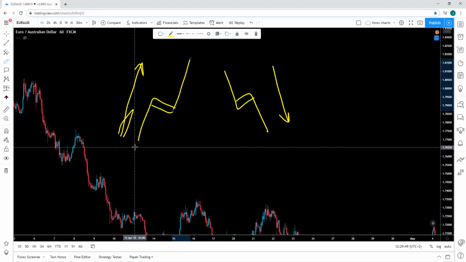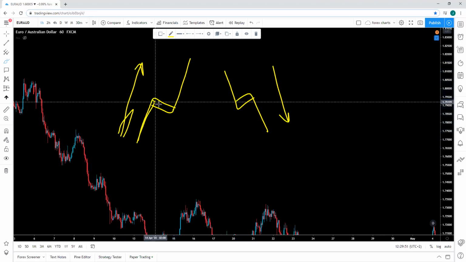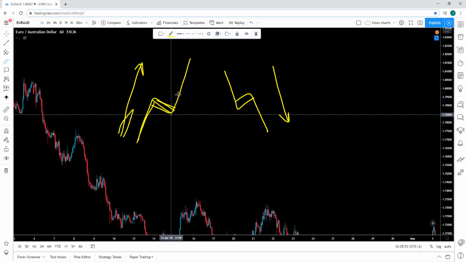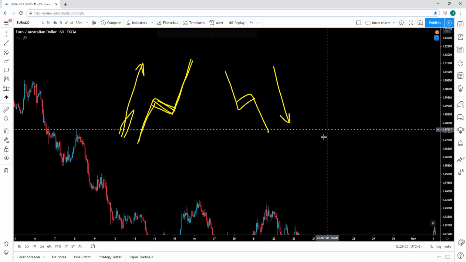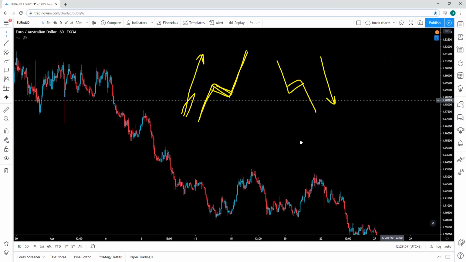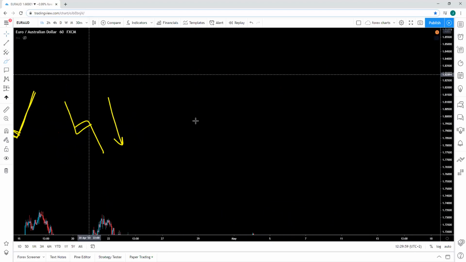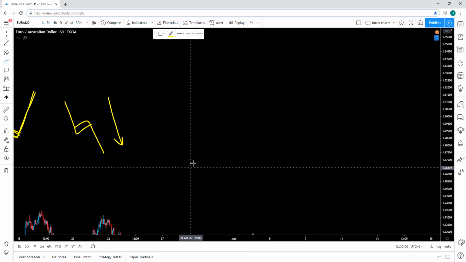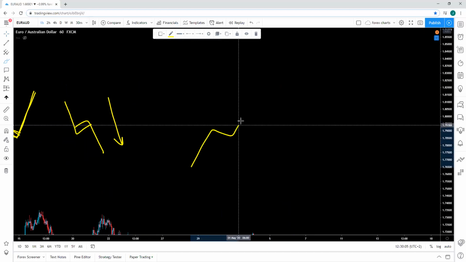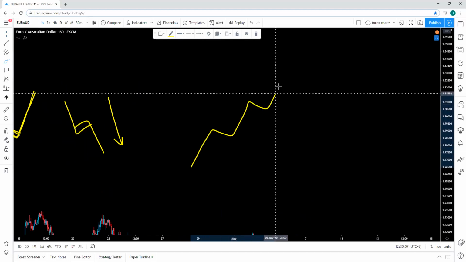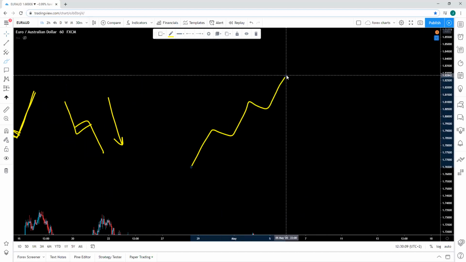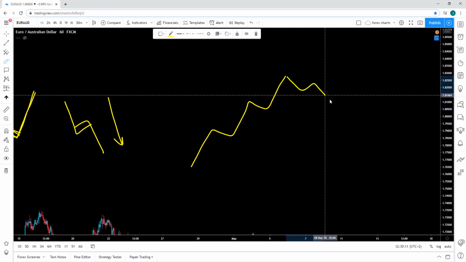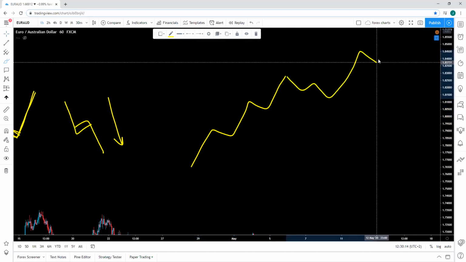So you get an impulse, then you get a flag or pullback, and then you get an impulse again. So we'll get to Elliott wave and things so that I can explain to you. But in a short note, how the market moves is that it makes 5 moves like this: 1, 2, 3, 4, 5. And then you get the 3-wave move down like this, and then it continues 1, 2, 3.